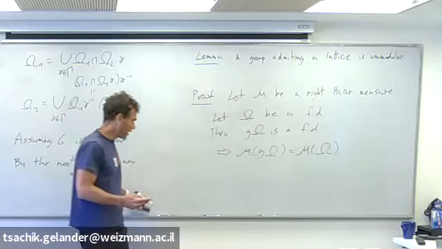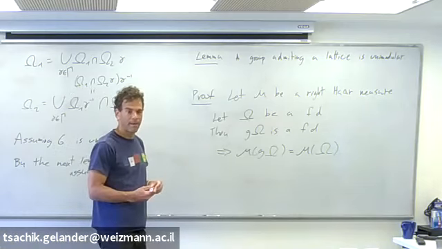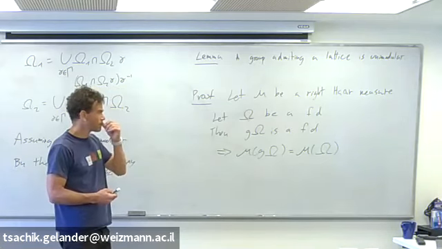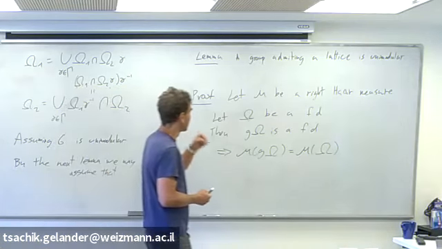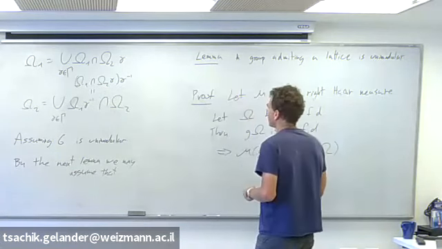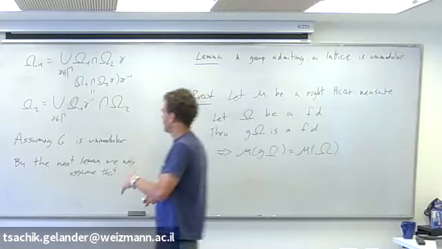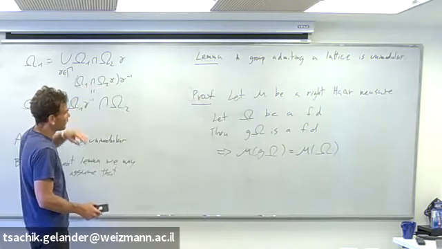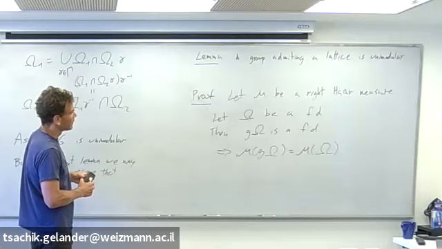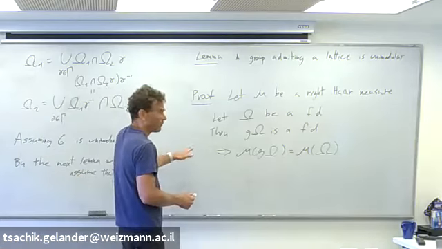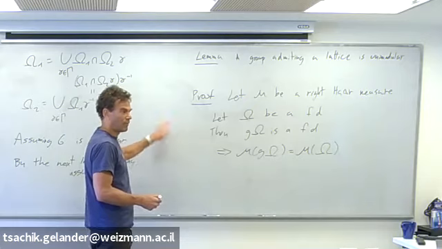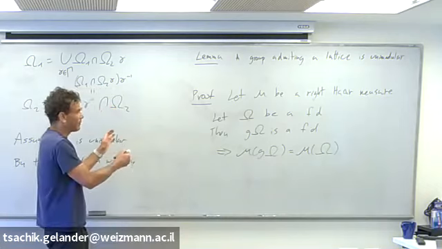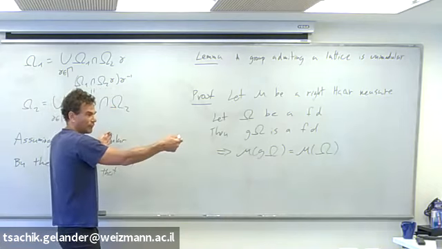So if a group admits a lattice, you use the previous one, no? Yes, it's exactly what you just proved. Here I assume that mu is a left Haar measure. So why is G Omega a fundamental domain? That's obvious, it's a fundamental domain for the action on the right.